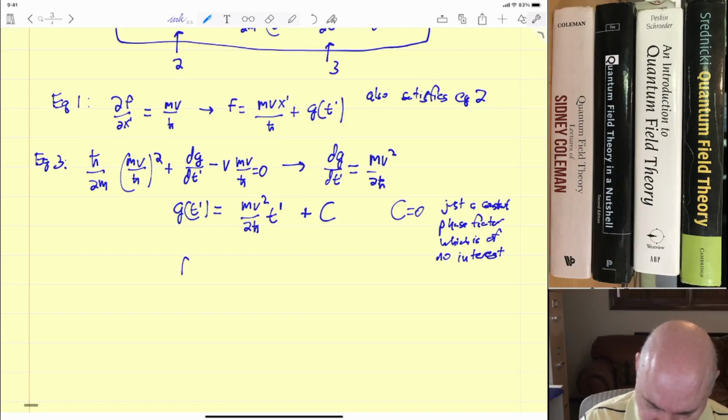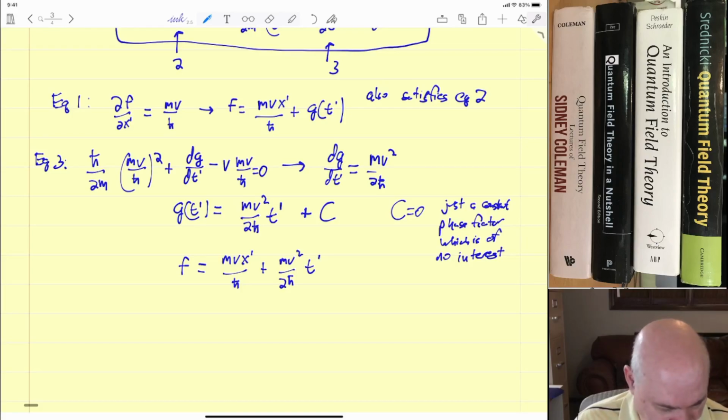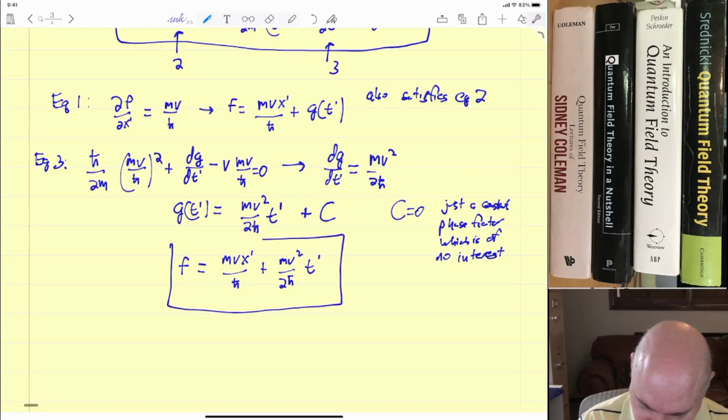Finally, we have our solution for f. F is mv x prime over h bar plus mv squared over 2h bar t prime. And that's our solution. That shows that, in fact, we do have covariance of the Schrodinger equation.